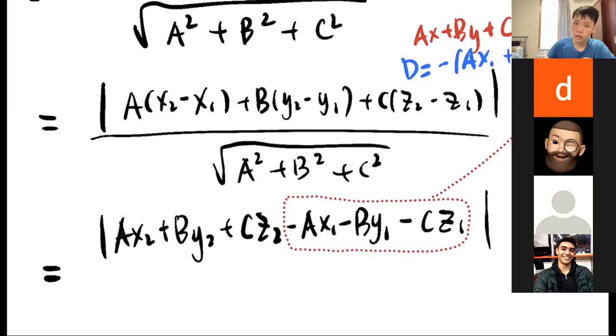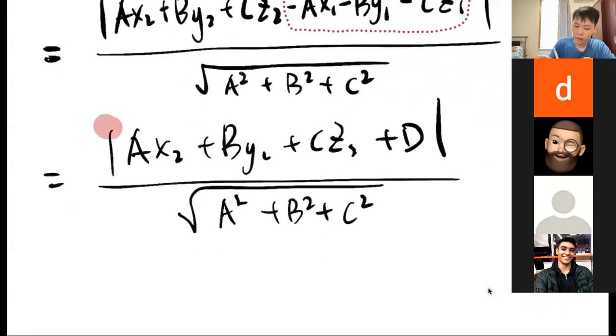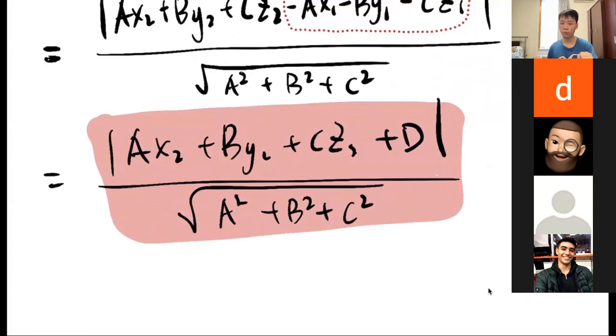So this is the formula for finding the distance from a point to a plane. The point, remember, has the coordinates x2, y2, z2.